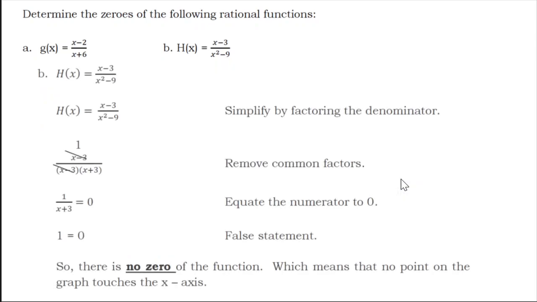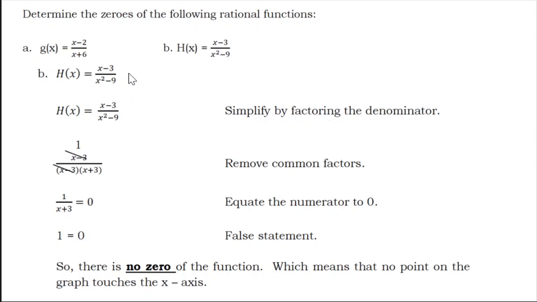Next, for problem B, h of x is equal to x minus 3 over x squared minus 9. To simplify this one, we factor the denominator.